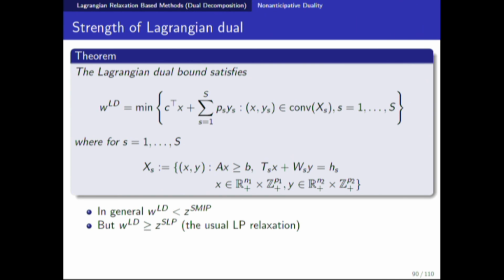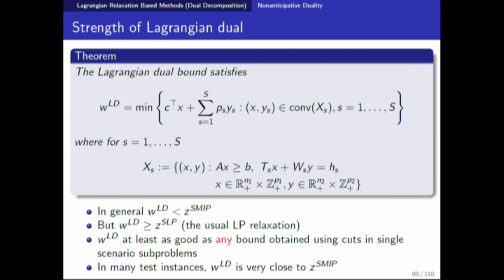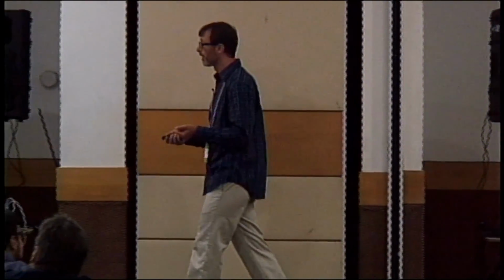Because the usual linear program relaxation value would be obtained by replacing the constraints x_s with just the linear program relaxation, which might not be as good as the convex hull. So this is at least as good as the usual linear program relaxation. And even stronger, I tried to convince you how these subproblem cuts, one scenario at a time, could be very useful in that cutting plane approach for improving the bound, and we saw that in the facility location example.